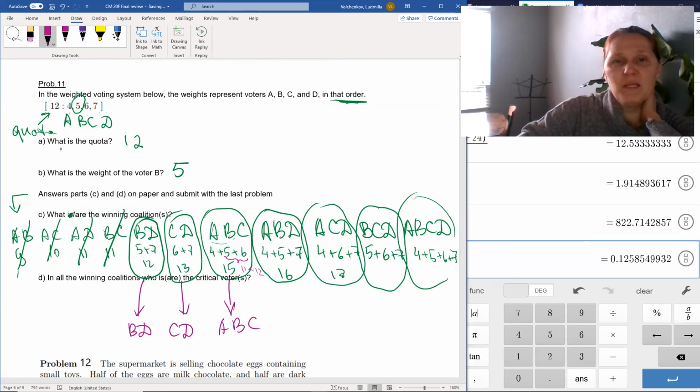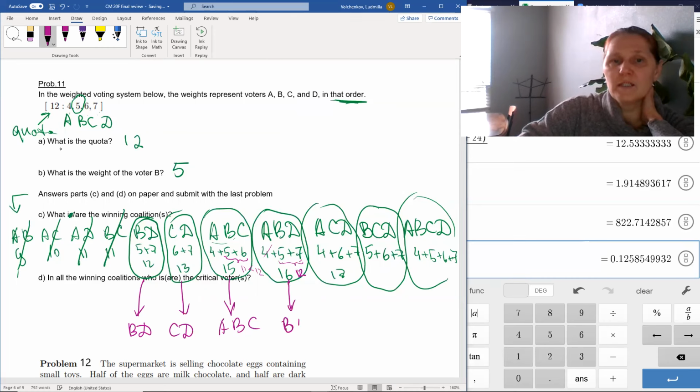The next, A, B, D. Even if you remove A, 5 plus 7 is 12. Okay, it means that A is not critical, but if you remove 5 or 7 from this sum, it will be less than 12.